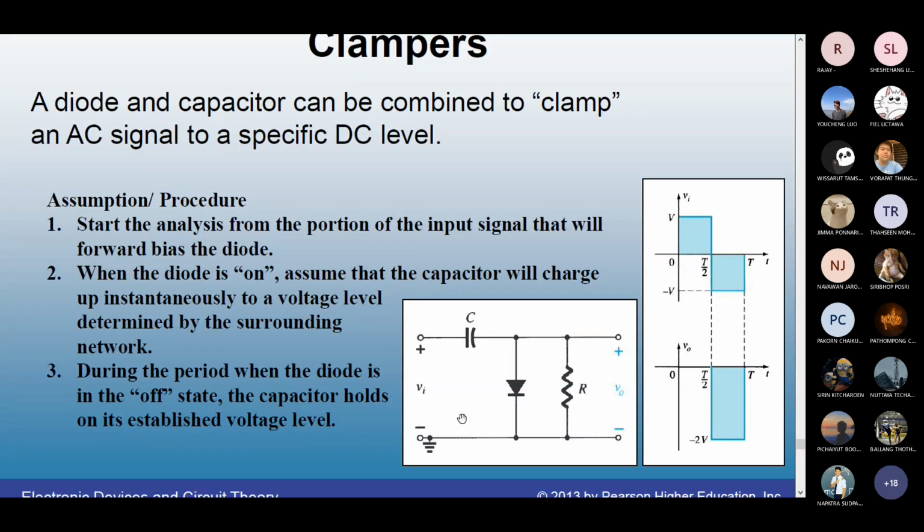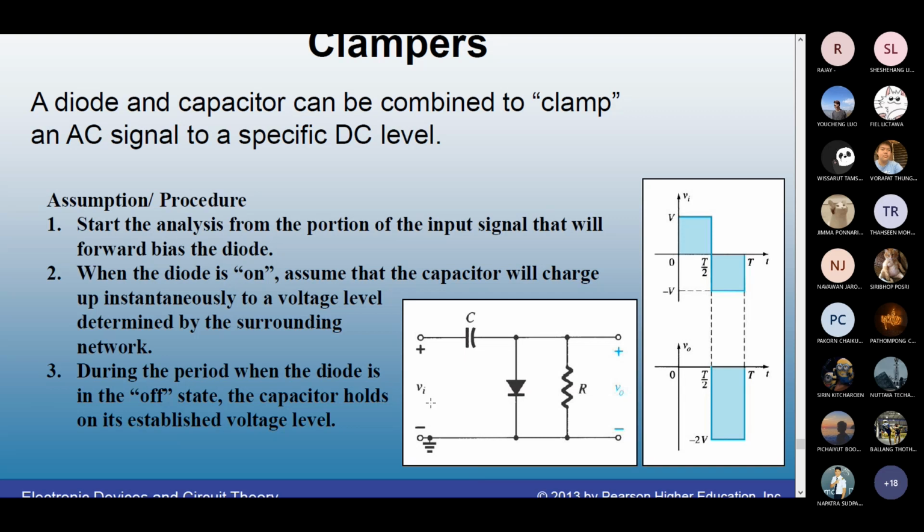You take the loop, determine the output voltage, and also determine the voltage and polarity of the capacitor. This is when the diode is on. Then you go to the next half cycle. When the diode is off, you have to assume the capacitor voltage and polarity that you determined during the on cycle remains the same. Same voltage, same polarity. Do the analysis for the off part.